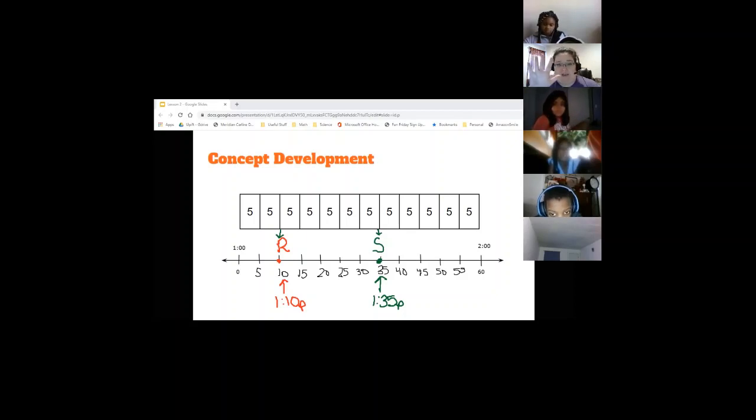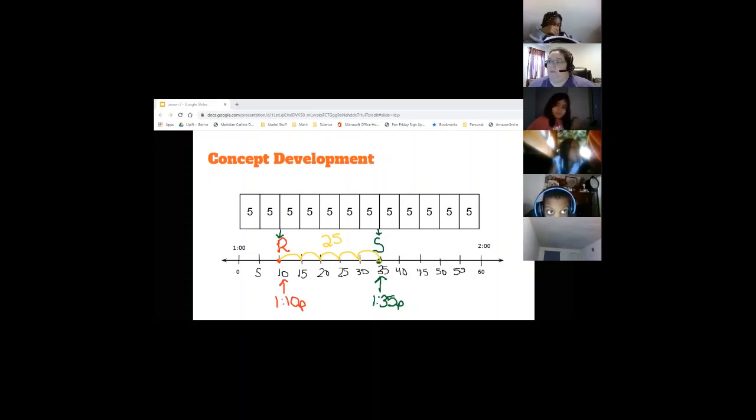We're going to skip count by fives. That's right, 5. So let's skip count by fives to find out how much time has passed between point R for recess and S for science. So we're going to count 5, 10, 15, 20, 25. So there's 25 minutes for recess before science starts.